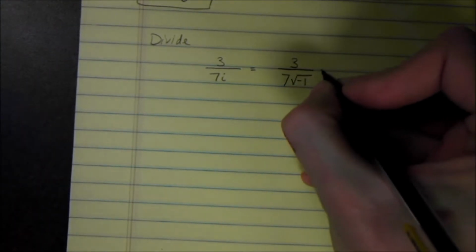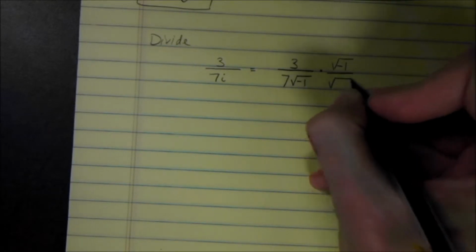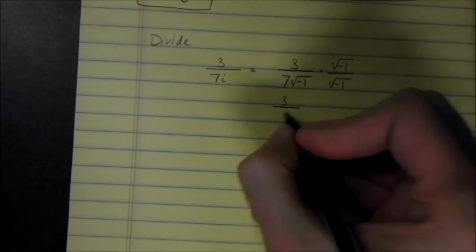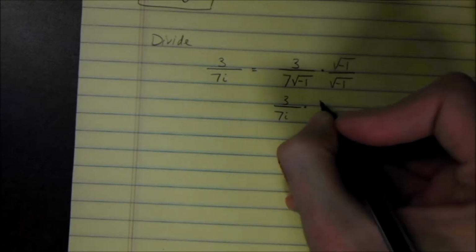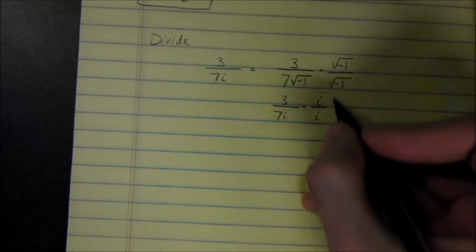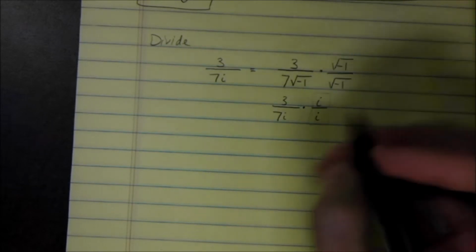So to get rid of it, you would just need to multiply the top and bottom by the square root of -1. Here, in terms of i, you're really just multiplying the top and bottom by i. In other words, i divided by i is 1, so you can multiply something by 1 and not change the value of it.